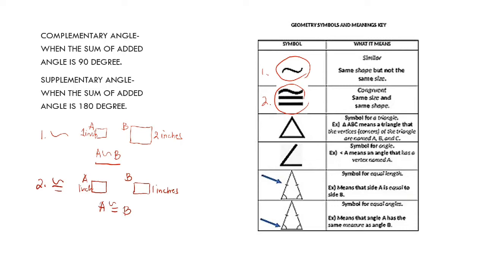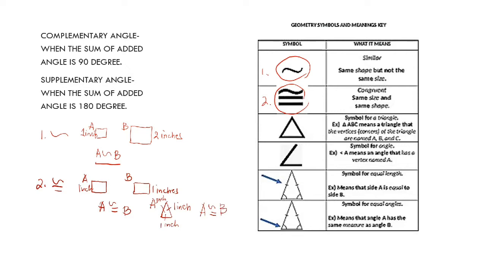For example, ipagdodrawing, meron lang tayo ditong A, which is a triangle, and the sides are 1 inch, 1 inch, 1 inch. So kapag meron tayong statement na A is congruent to B, and tinanong kayo, what will be our B?